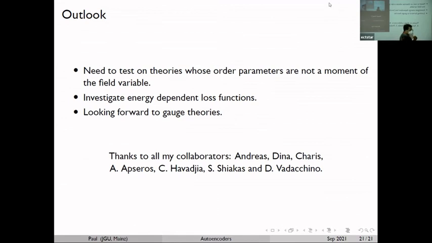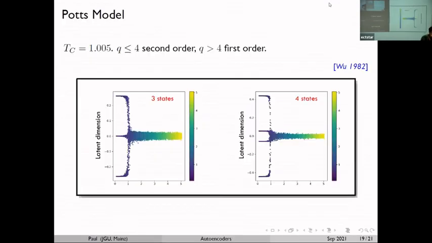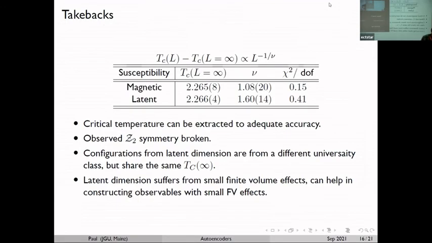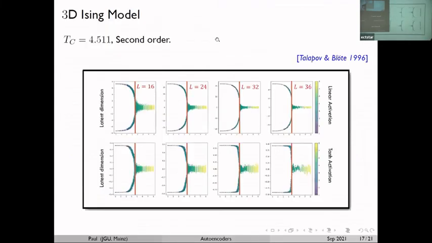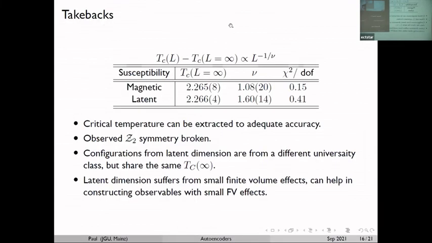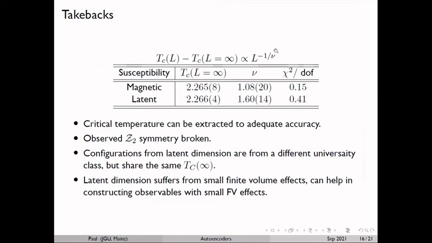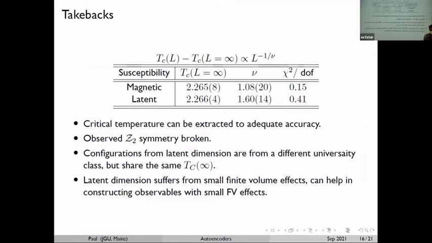I think I showed you, let me show you. So this particular formula, if you fit with two variables, which is TC at L equal to infinity and nu, one can extract the critical exponent nu as well as the TC. Okay. Exactly. Thank you.